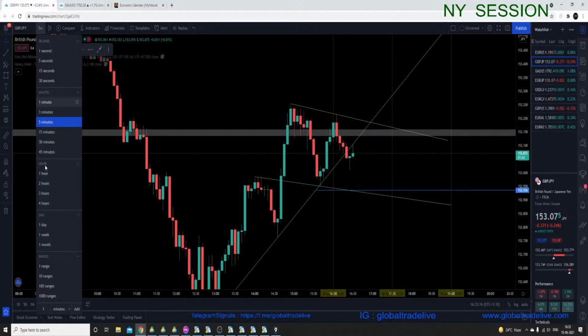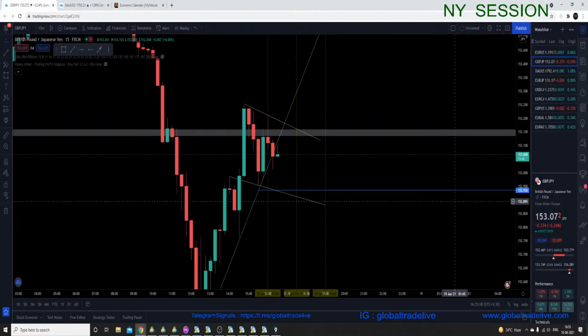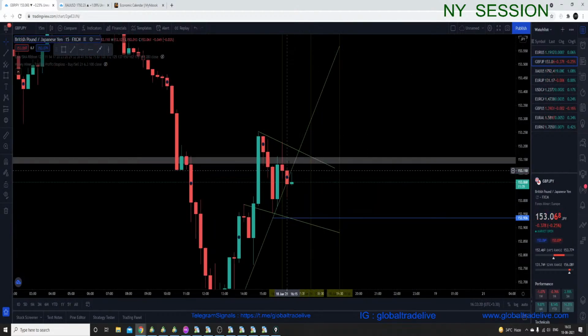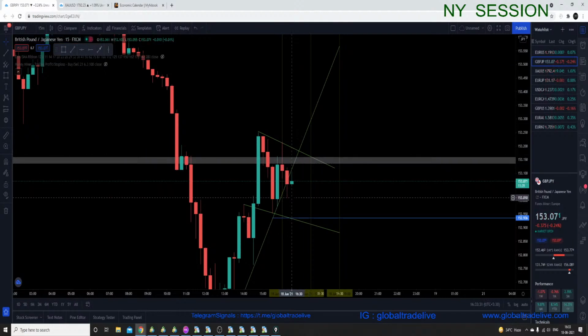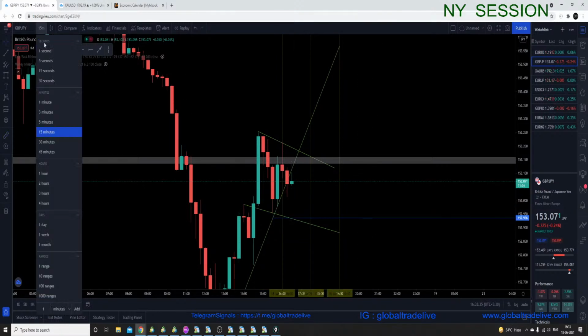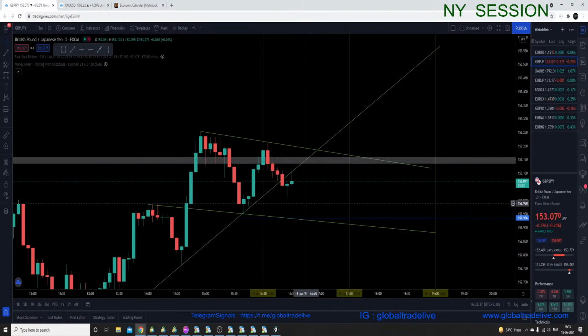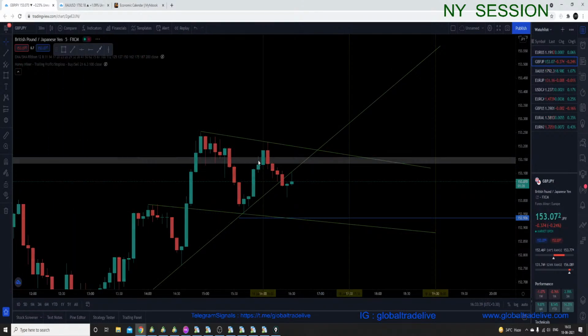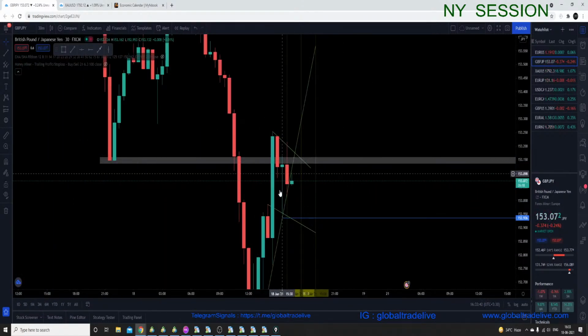So 30-minute candle closed, 15-minute candle started. Okay, so the 15-minute candle closed outside the trend line, and the current 15-minute candle is rejecting this area. Maybe it will be coming down. So if this crosses below this wick over here, then we have 8 pips of space. And let's see the 30 minutes. 30-minute closed bearish.